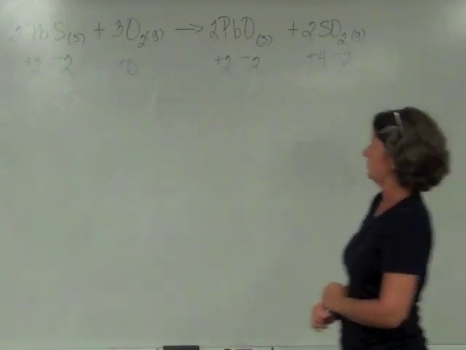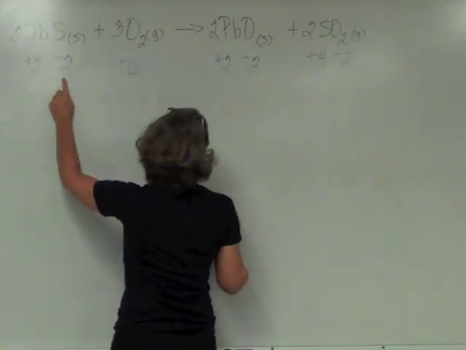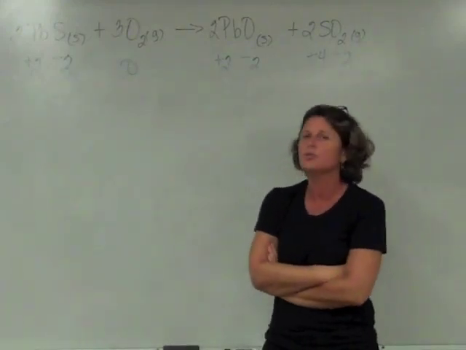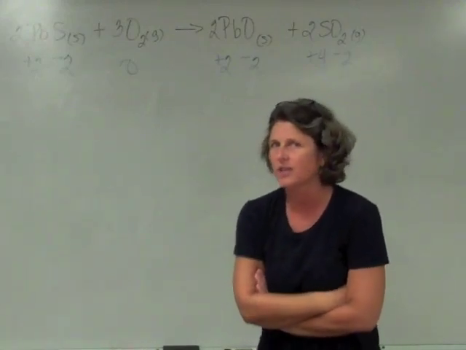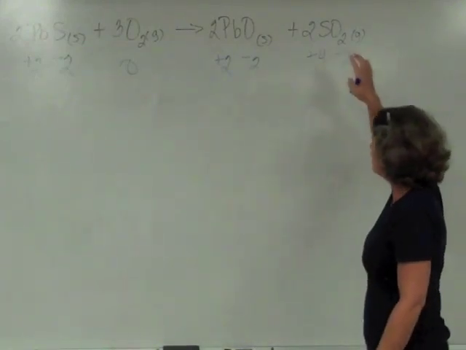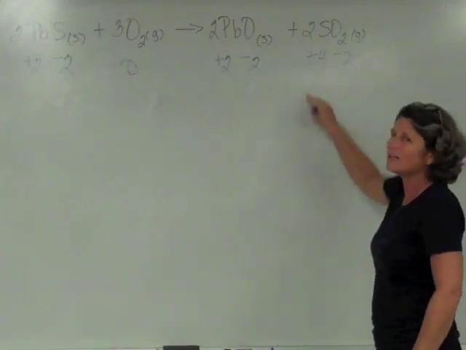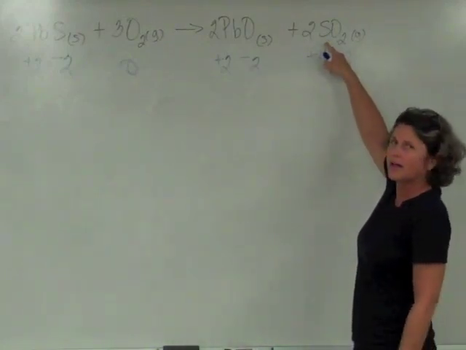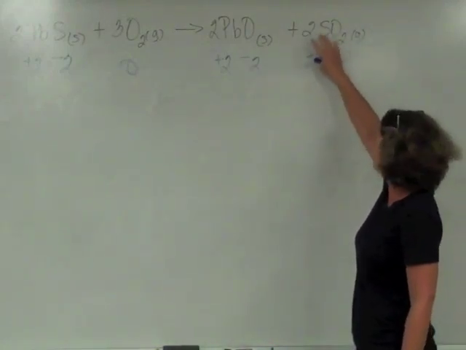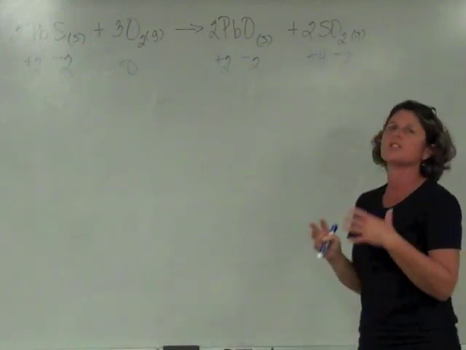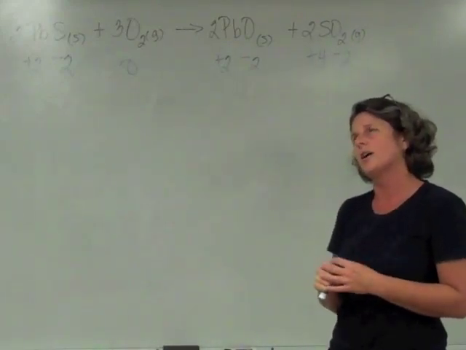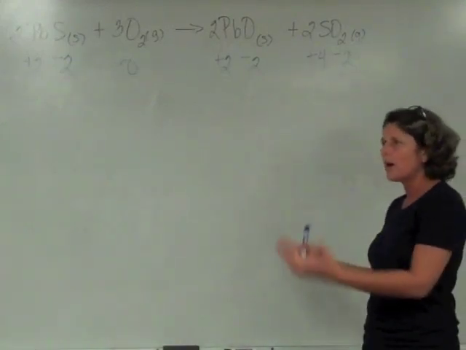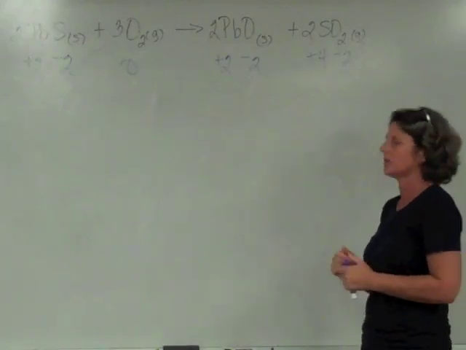And so sulfur goes from a -2 to a positive 4. In order for sulfur to have a negative 2 charge, it's got 2 extra electrons. For a positive 4 oxidation state, this isn't an ion, people. This is a covalently bonded thing, and our oxidation states are simply telling us where the shared electrons are most of the time.